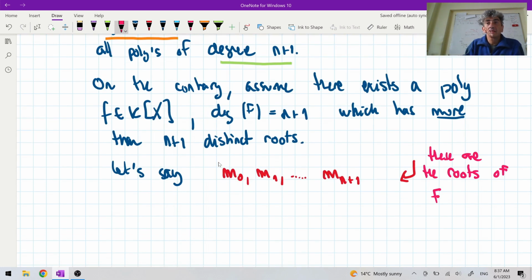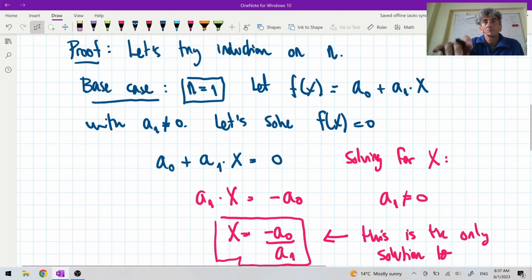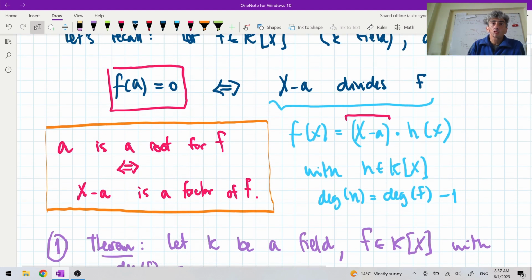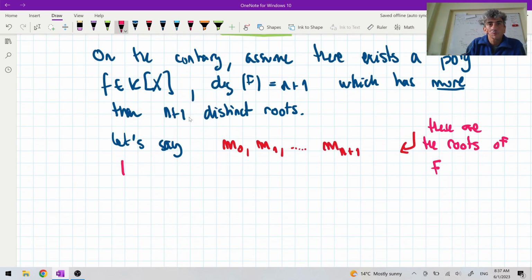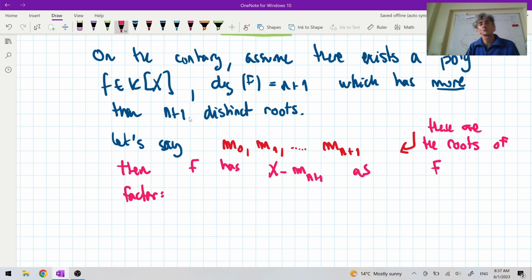And using what we have seen in the first place, using the correspondence between roots and factors, f has x minus m sub n plus 1 as a factor, because there's a correspondence between roots and factors.